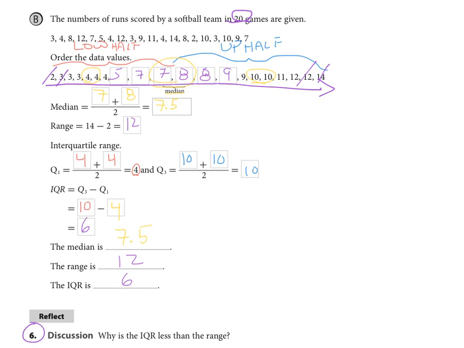It could have been 9 and 10 or 10 and 11, but they just happen to be the same. And then the difference for the interquartile range is 6. So my data reads out: the median is 7.5, the range is 12, and the interquartile range is 6.